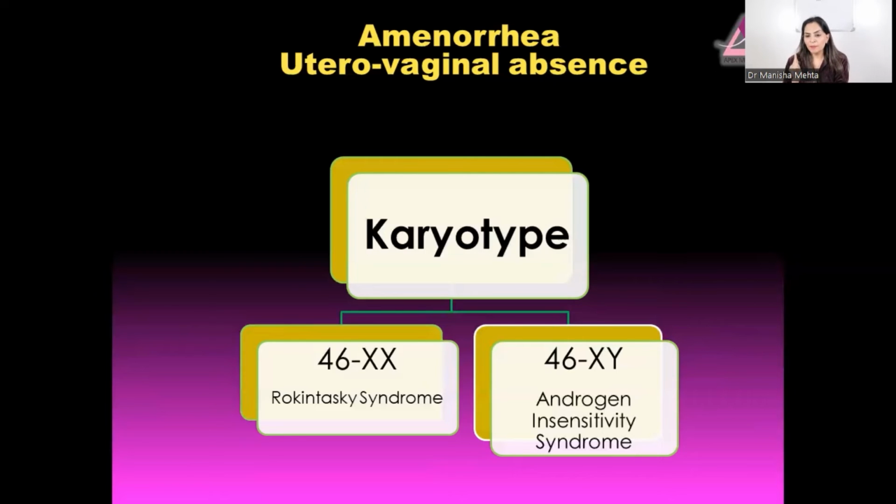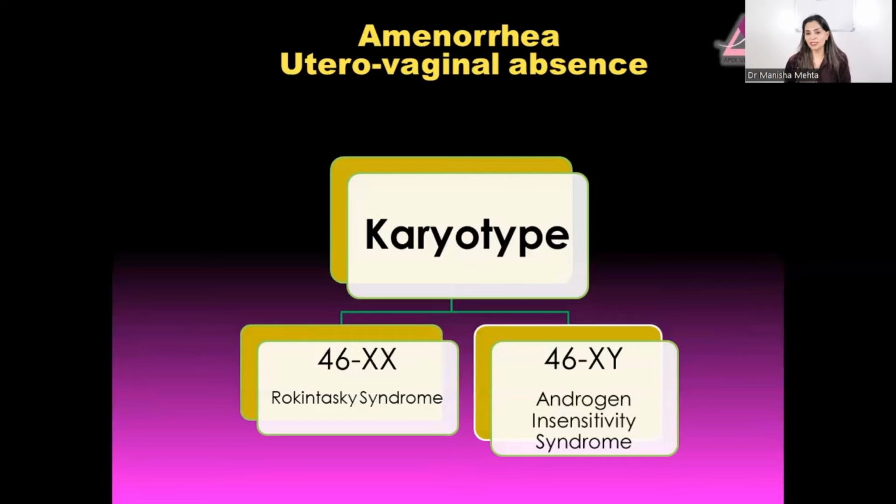Why? Because there is insensitivity. The receptors are not sensitive to the testosterone that is being produced by the body. This is actually a boy, but because of the receptor insensitivity, this will look like a female.